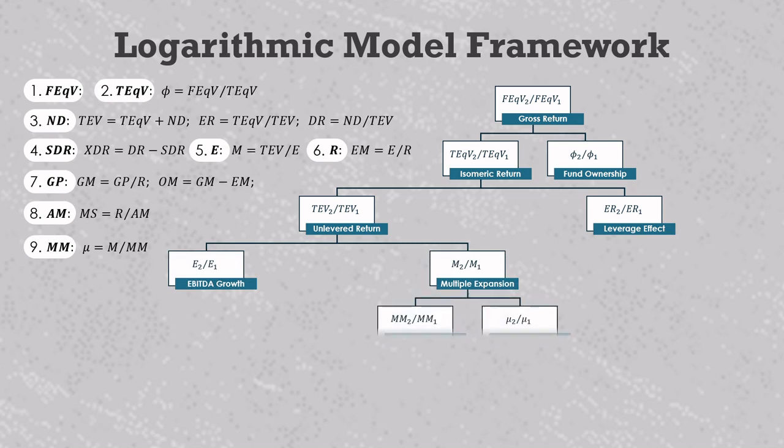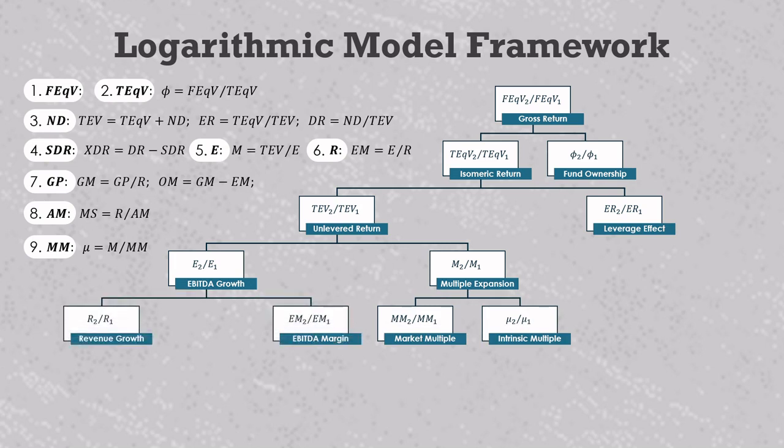Market multiple expansion is driven by change in the market multiple, while intrinsic multiple expansion is driven by change in the company's relative discount or premium to the market valuation. Revenue growth is driven by the change in revenue, while EBITDA margin expansion is driven by change in the EBITDA margin. And addressable market growth is driven by the change in the addressable market, while market share growth is driven by change in the market share.